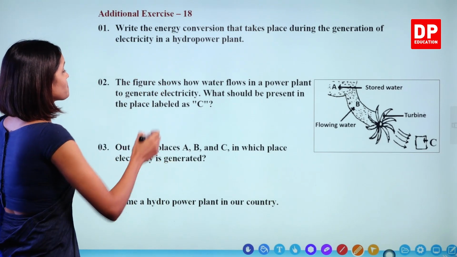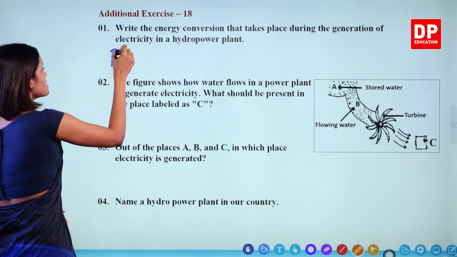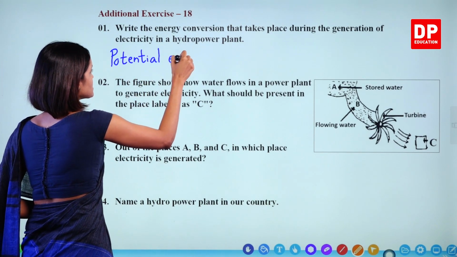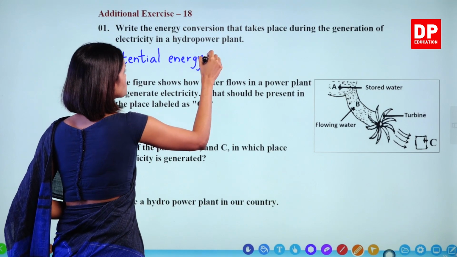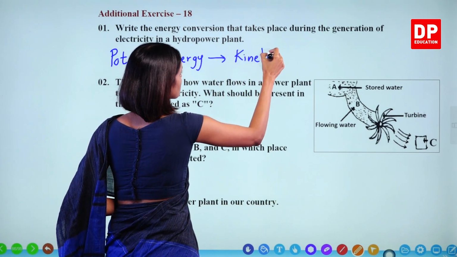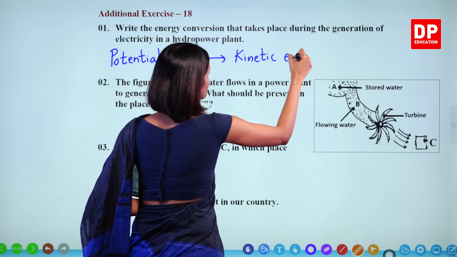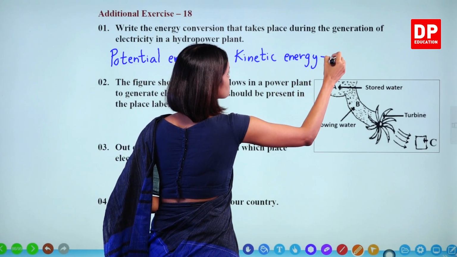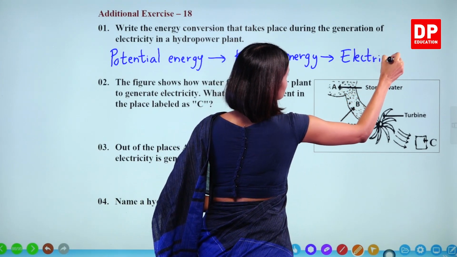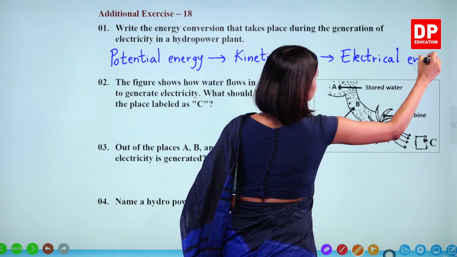So we will write potential energy. Potential energy is converted to kinetic energy, and kinetic energy is converted to electrical energy. Electrical energy.